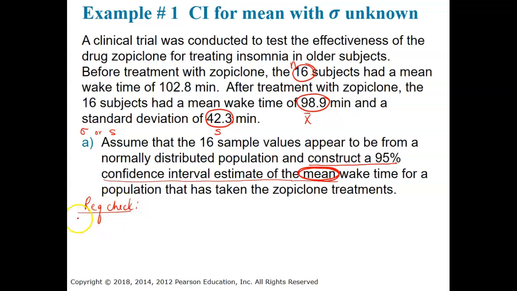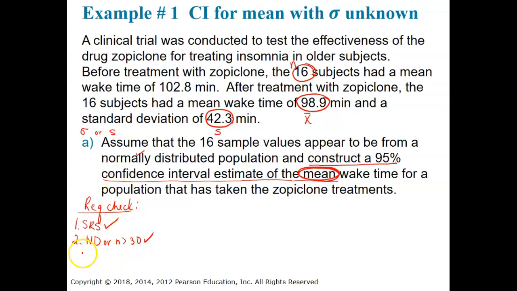Okay, so the requirement check, we said it needs to be a simple random sample, and I've said we can just assume that to be true for what we're going to be doing in this class. And then we also need to know that it's normally distributed or the n is greater than 30. Well, our n is not greater than 30, so we need to dig a little deeper and make sure that it tells us somewhere that it's normally distributed, and it does here, so we can check that off as a requirement that's fulfilled.